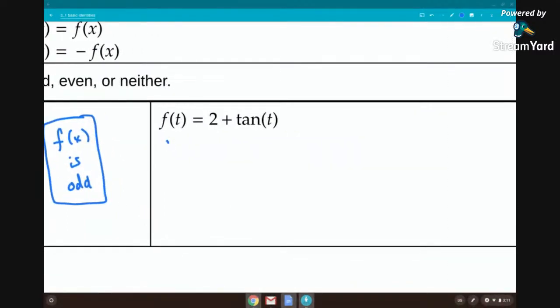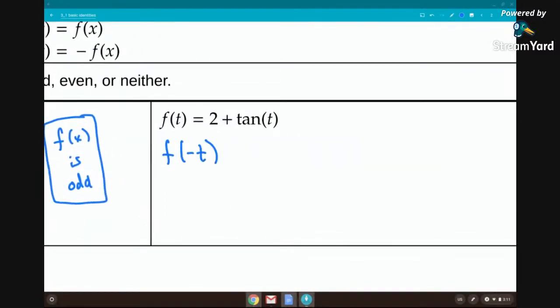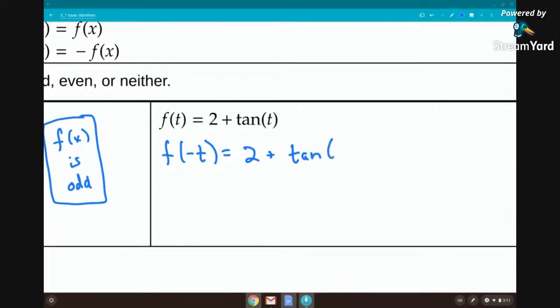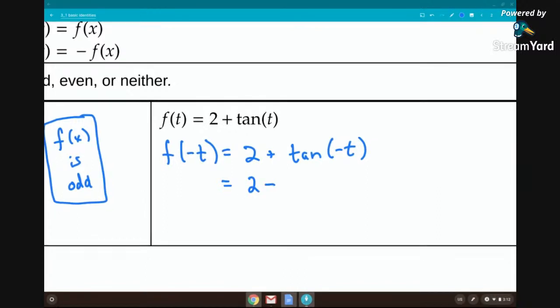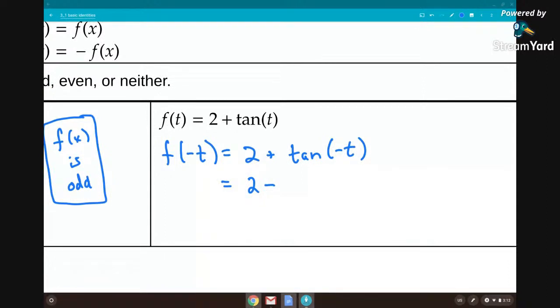Same test, just input the opposite of the input. Tangent is an odd function. Okay. And looking at what we have, we cannot simplify this any further.